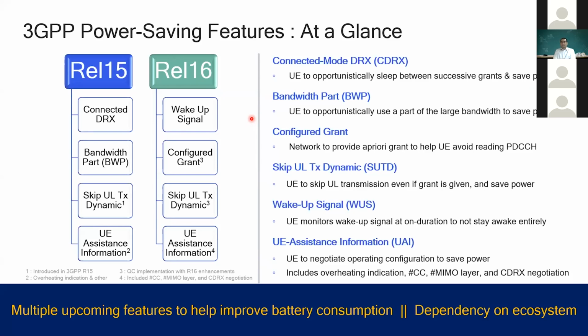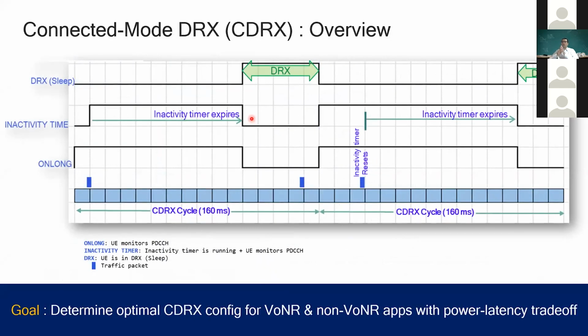Skip uplink transmit dynamic has a modified version of it in release 16 as well, and we expect to see commercialization of that. From subsequent slides, we will take you through each item and the expected benefit in a real life network. Hopefully that will be useful for your rollout.